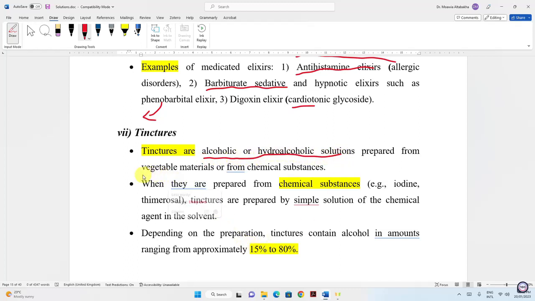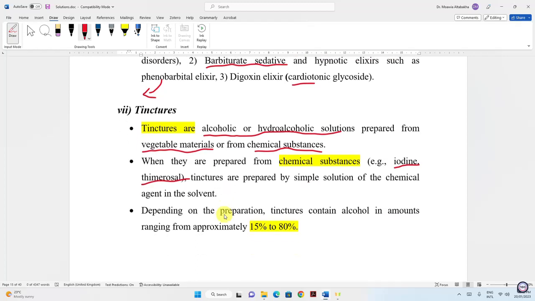They can be prepared from vegetable materials, but they can also be prepared from chemical substances, like iodine, the antiseptic, and thimerosal, which is a preservative. And they are prepared by simple solution of the substance in alcohol.